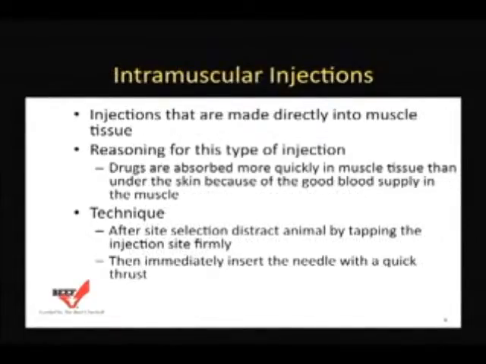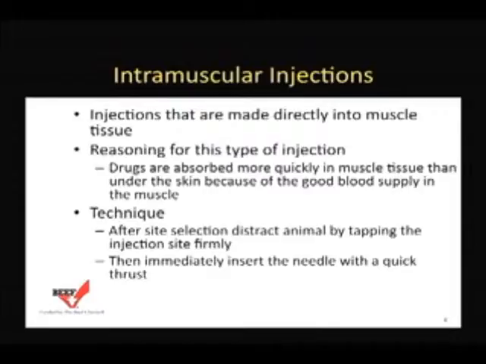The other type of injection we are going to discuss here is the intramuscular injection. These injections go straight into the muscle, and the reason for this is that the muscle tissue has a higher metabolizable rate, and the antibiotic or vaccine is absorbed much more quickly. You can use one of two techniques for giving an IM injection.